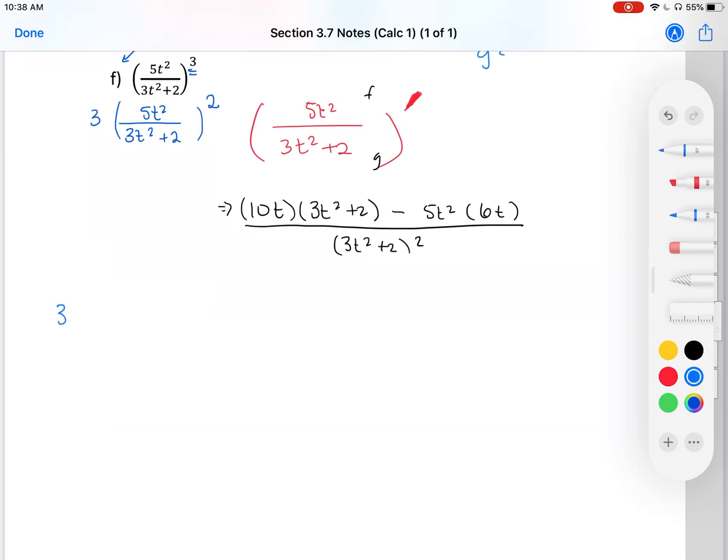Okay, so let's rewrite this. We have 5t squared divided by 3t squared plus 2, squared, times, we can multiply these in, distribute that 10.